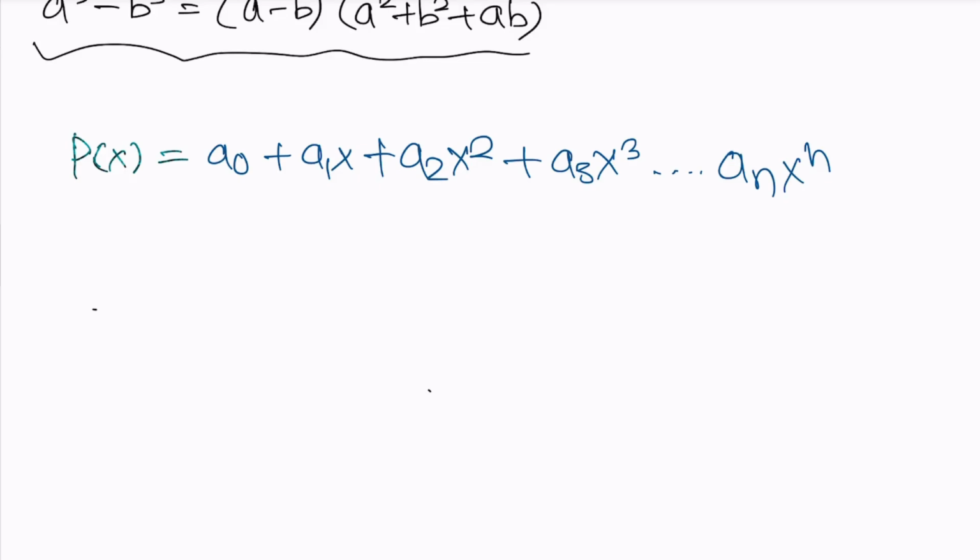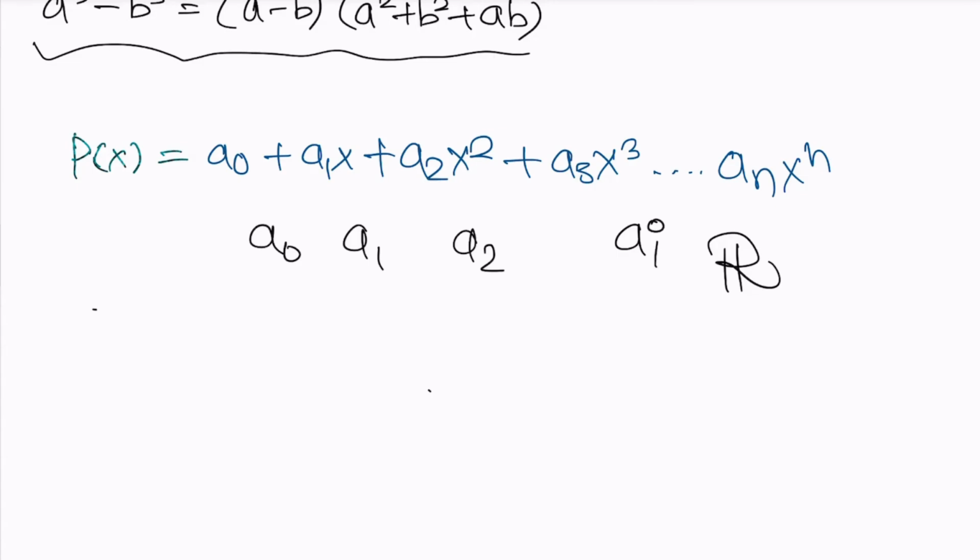And if all the numbers, all the a numbers, which is a naught, a1, a2, which we can denote as ai in general, if they are all real numbers, then this entire polynomial is called a real polynomial.